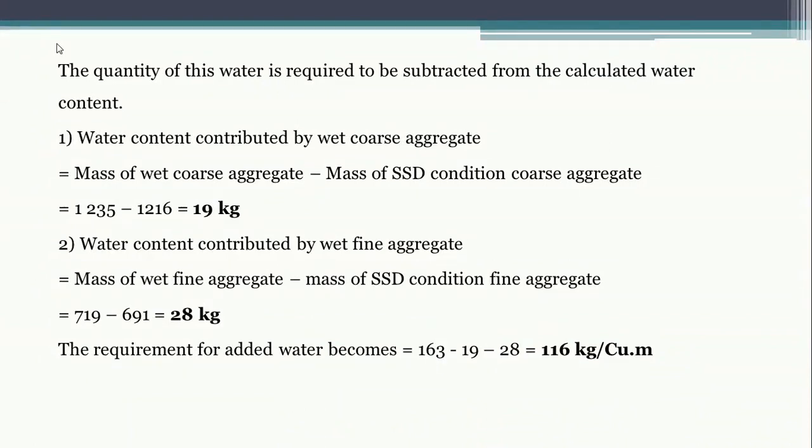So almost 19 kg of water has contributed to the wet coarse aggregate. Similarly, for fine aggregate, mass of wet fine aggregate is 719 kg, but the mass of fine aggregate in SSD condition is 691 kg. So almost 28 kg of water has contributed to the wetness of the fine aggregate.